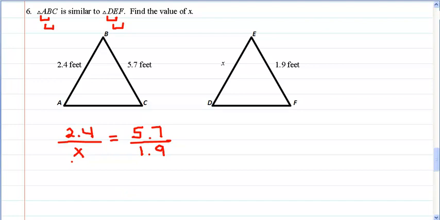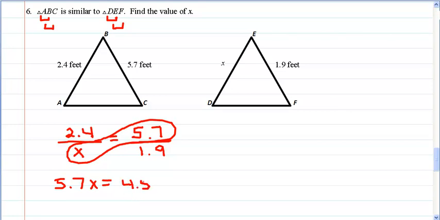So once you have your proportions set up, you cross multiply. 5.7 times x is just 5.7x. And then when we take 2.4 times 1.9, we get 4.56.